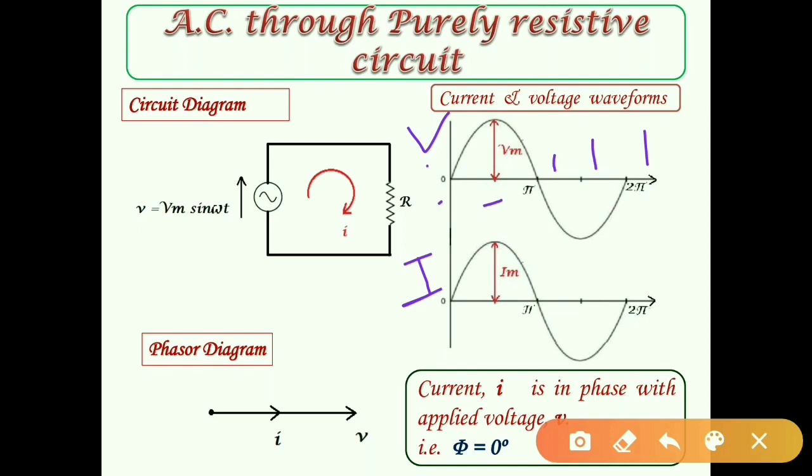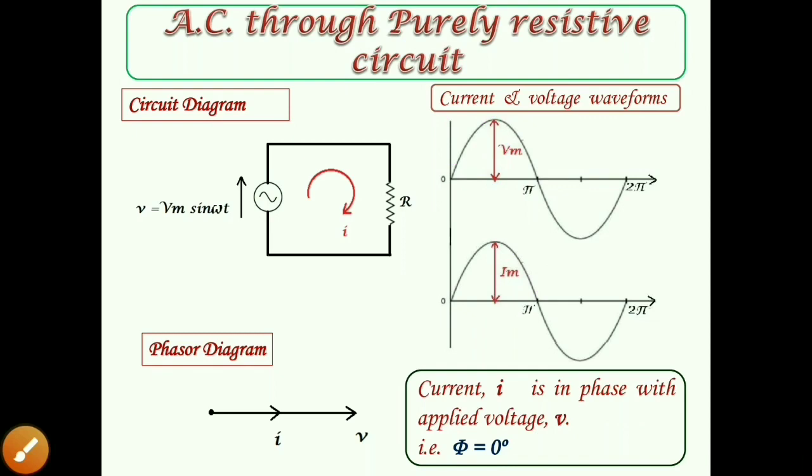the current waveform follows the voltage waveform as it is, meaning the same instants, for the peak value also. So if some waveform is following another waveform for every instantaneous value without any phase angle difference, then it is called in phase.